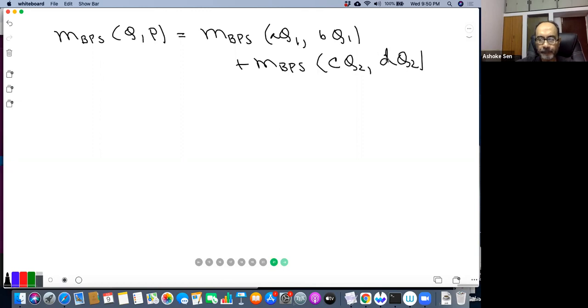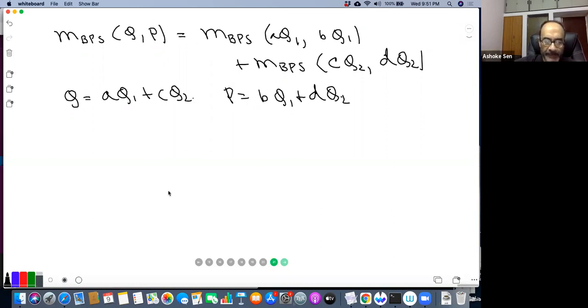These are half BPS. And then of course you have charge conservation, Q is aQ1 plus cQ2, and P is bQ1 plus dQ2. And then you look for all possible solutions to this equation. For a given Q, P, you ask what are the possible Q1, Q2, a, b, c, d that we can have. And then you solve this and see at which point in the moduli space this equation is satisfied. That's the way we determine the walls of marginal stability.